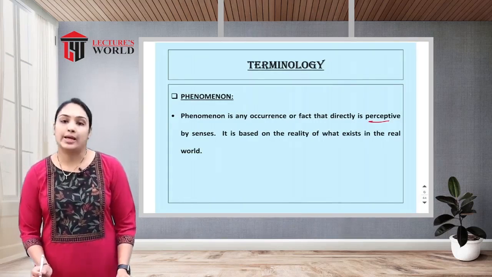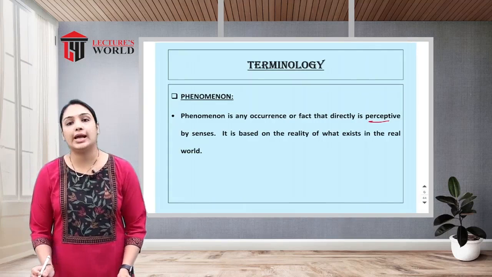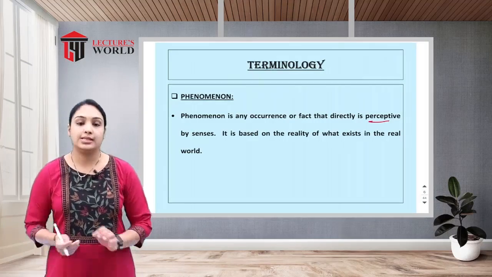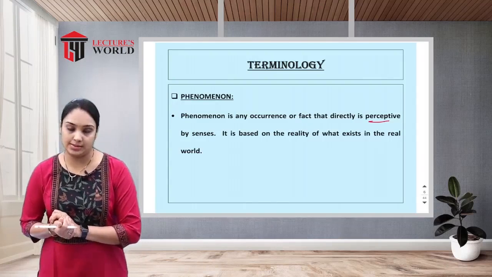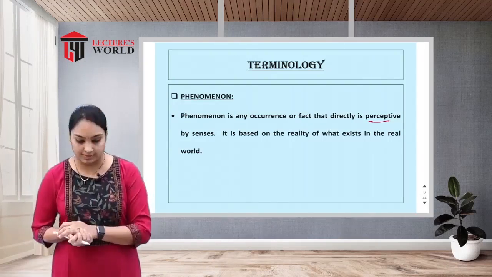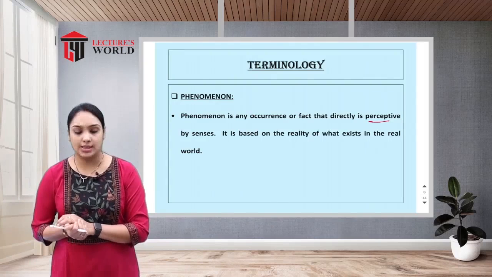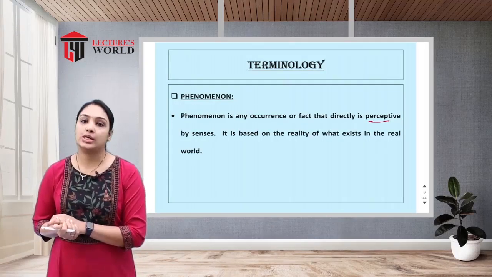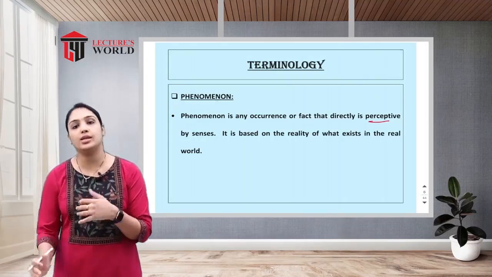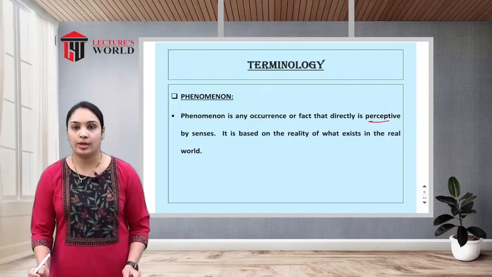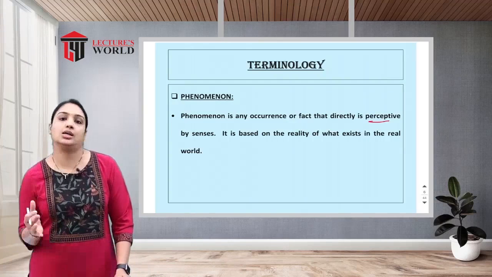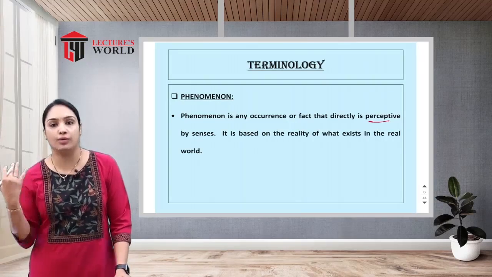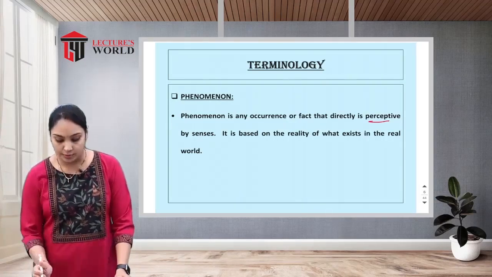So any fact or any occurrence that we directly perceive through the human senses is known as a phenomenon. It is based on reality: whatever fact or occurrence happens in the real world is known as a phenomenon.